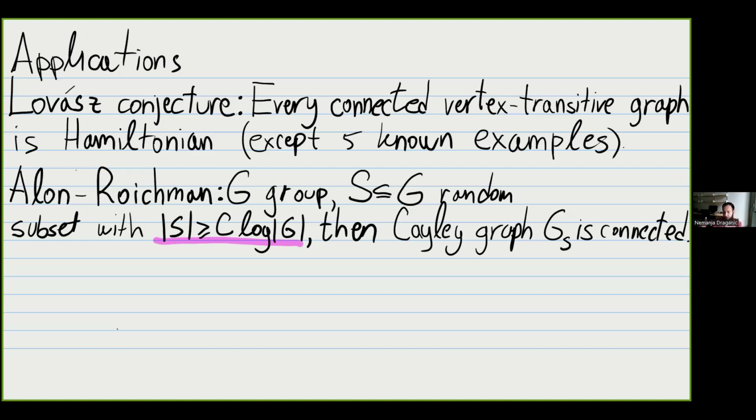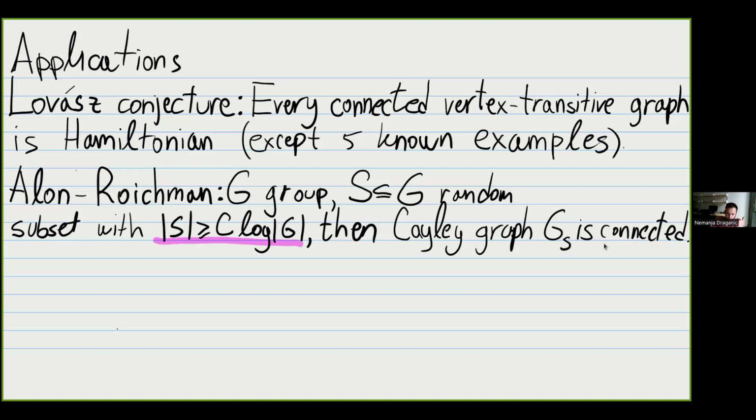Cayley graphs are basically graphs which come from an algebraic construction. You have a group, and I take a subset of the elements and generate a Cayley graph. And if I take this generating subset at random, let's say a big constant times log of the size of the group many elements, then Alon and Roichman showed that the Cayley graph generated by it is connected.